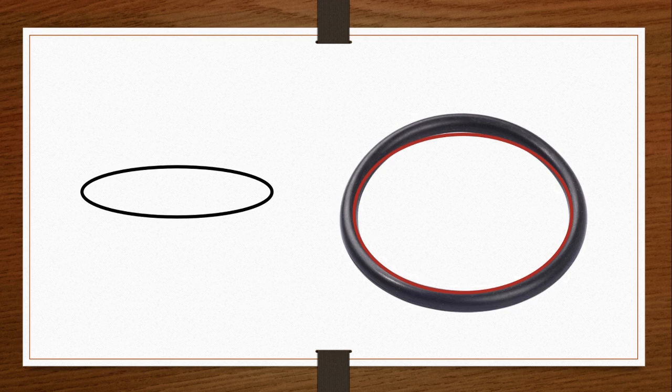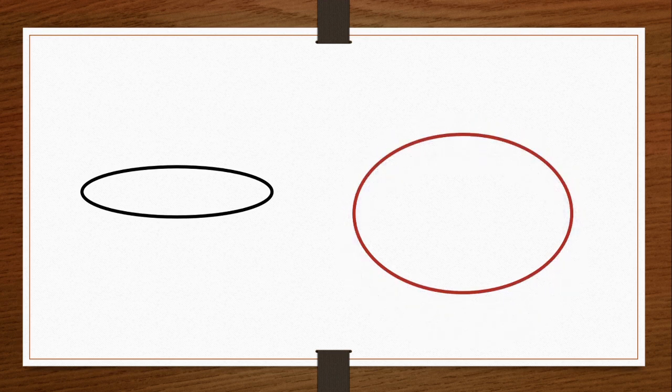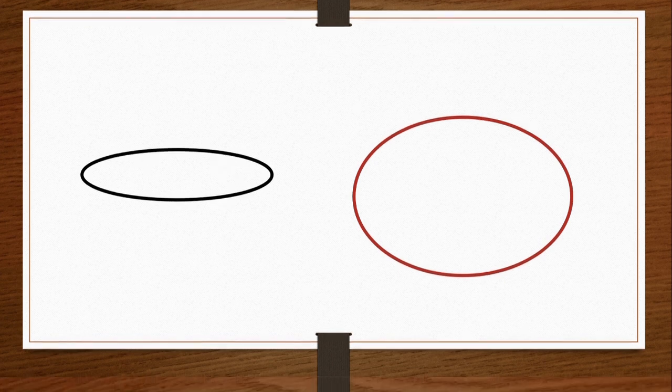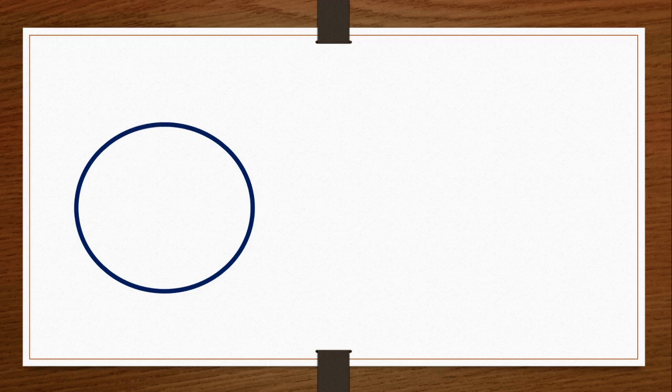I will remove this rubber tube. See, we got the shape like this. Same shape we will draw here. This shape we got from bangle and from rubber tube, isn't it?